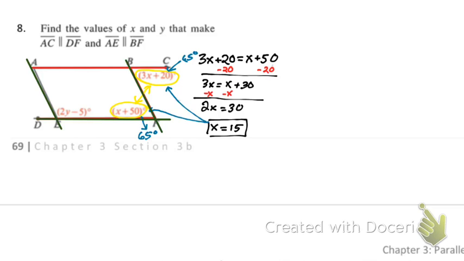What kind of angles are they? You're thinking alternate interior, same side interior, or corresponding. Same side interior. They're same side interior, and what does same side interior have to add up to? 180. So we just need this angle here to add up to 180 degrees. So what is the measure of that angle?